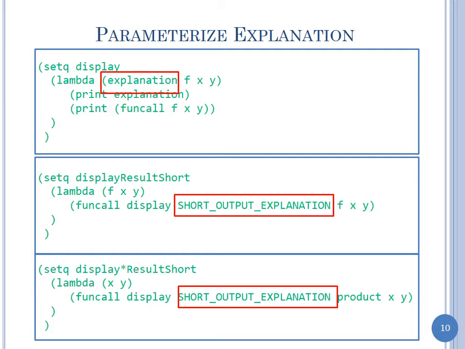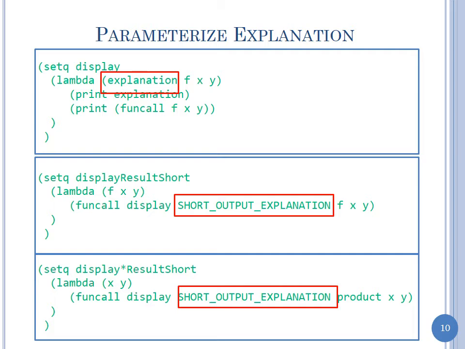One function takes 3 parameters, another function takes 2 parameters, and the one that takes 2 parameters hardwires the function, and the one that takes 3 parameters doesn't hardwire that, but both of these calls actually hardwire the explanation. Okay, so that's where we were last time, a week ago.